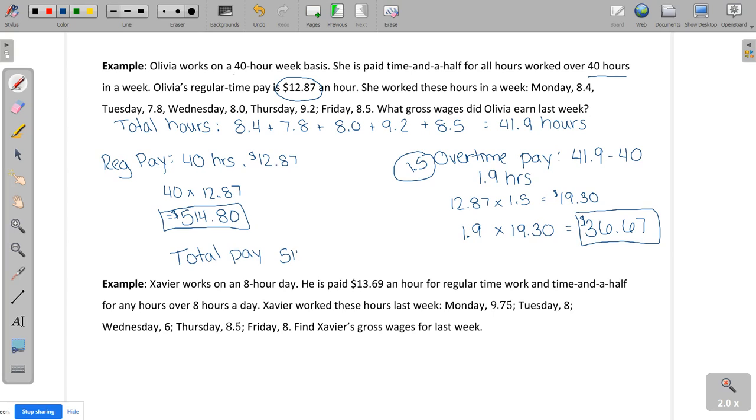So $514.80, add it to our overtime of $36.67. When we add those two together, we get $551.47. So we just have to take this problem step by step and figure out all what's needed for regular pay, find out all what's needed for overtime pay, and then add those two together.